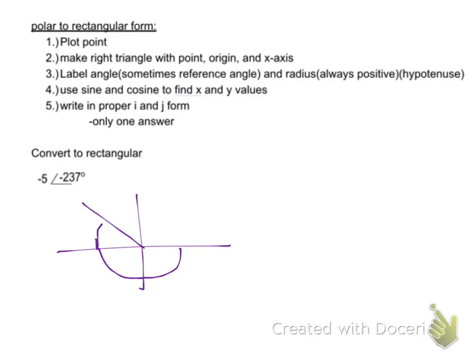Oh, wait. Should I have drawn a solid line? No. Why? What's the radius? It's negative 5. I have to travel 5, but it's not forwards, it's backwards. So it's actually a dotted line this way and a solid line backwards, and I will put 5.